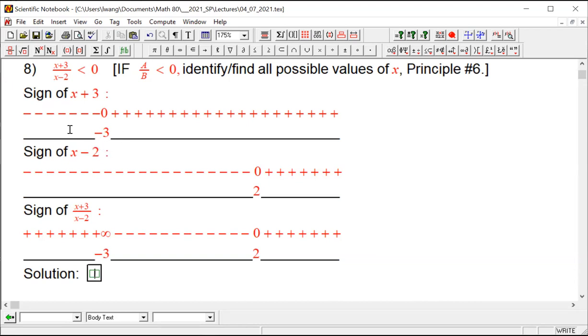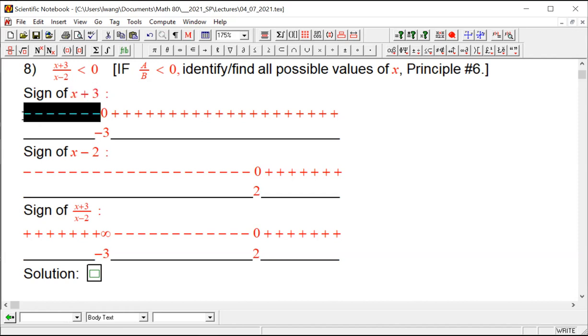Even though it's just a change of numbers, you see the sign of x plus 3 changes sign at negative 3. At negative 3, x plus 3 is 0. When we pick a number smaller than negative 3 and plug in, say negative 4, we get a negative number. In fact, any number smaller than negative 3, you plug in, you're going to have a negative number.